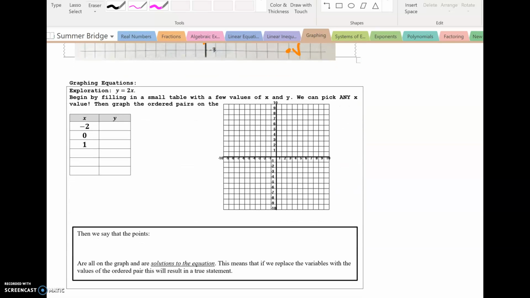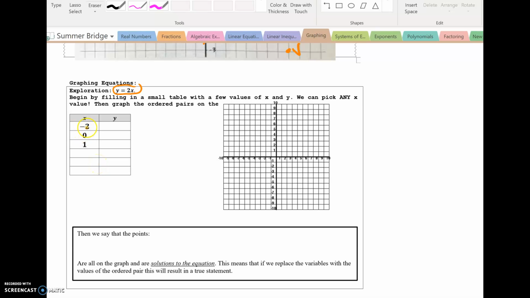Okay, let's move on. Now, there are quite a few ways of graphing. This is going to be the preliminary graphing, where we're going to graph y equals 2x. I started plotting some numbers here. This is what we call a table, which is another way of coming up with our ordered pairs.